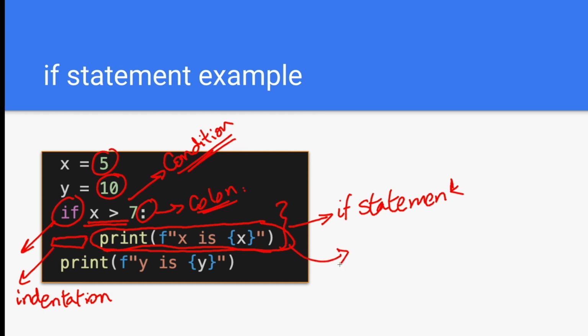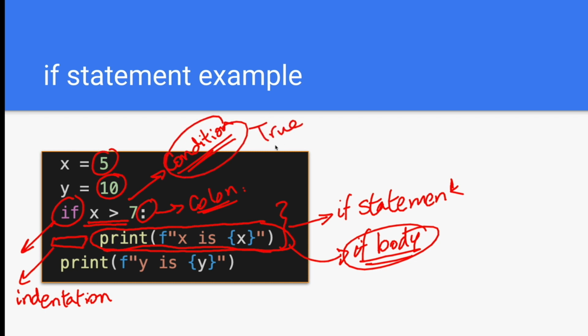So all of this, we call this the if body. Okay, so the if body are the statements that are going to be executed if the condition is evaluated to true. So what happens if the condition is evaluated to false? Well, the if body is not going to be executed. And in this particular example, the if body is just one statement only.